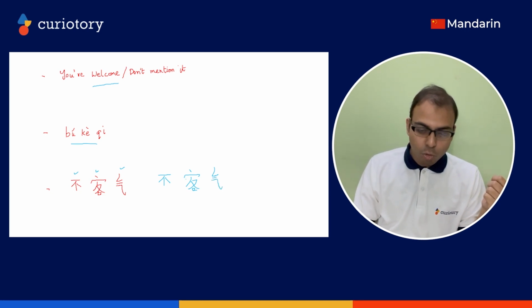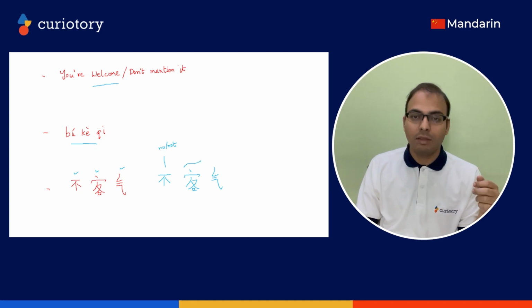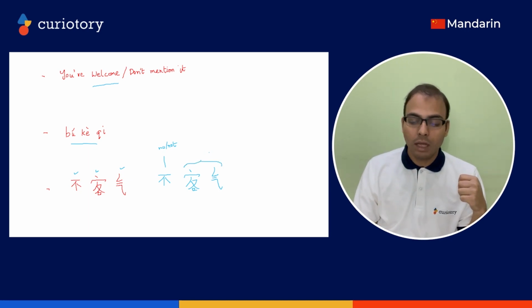By the way, pu means, as I already told you, no or not. And ke chi combined means to be courteous.